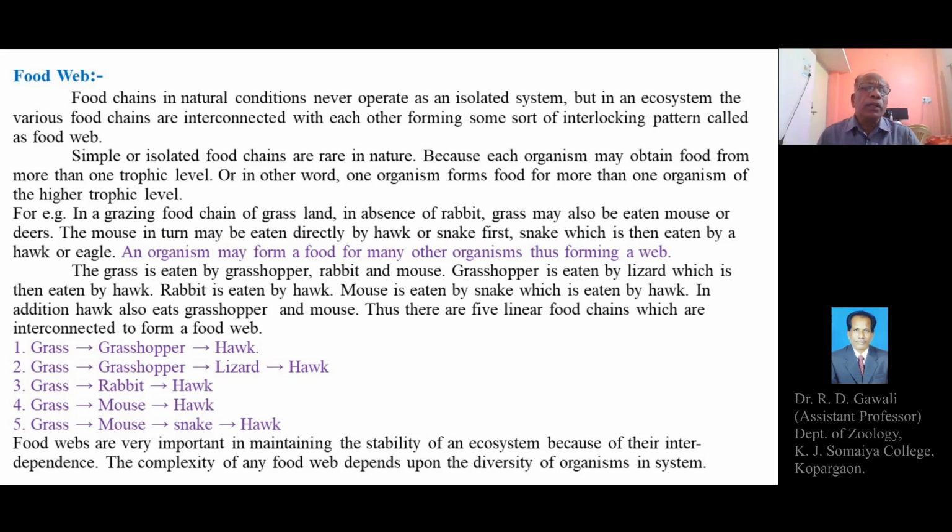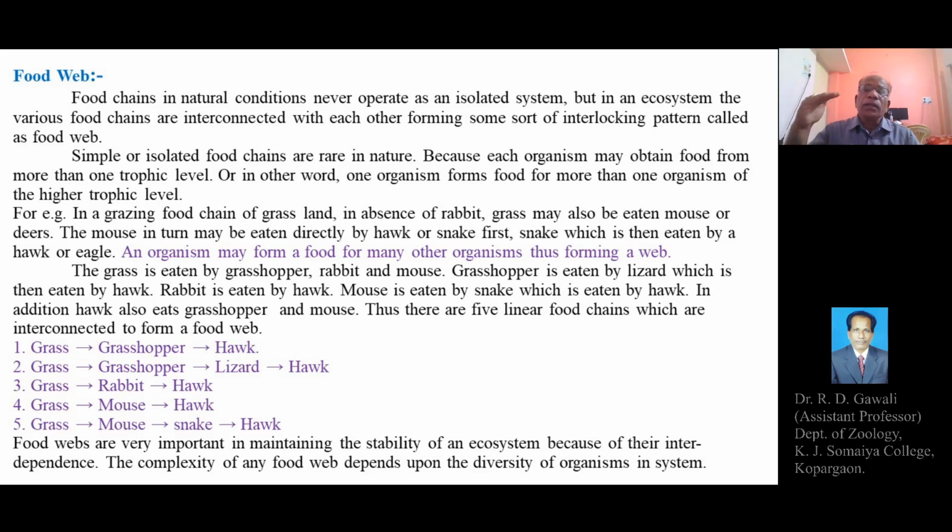Single or simple or isolated food chains are rare in nature because each organism may obtain food from more than one trophic level, or in other words, one organism forms the food for more than one organism of the higher trophic level.